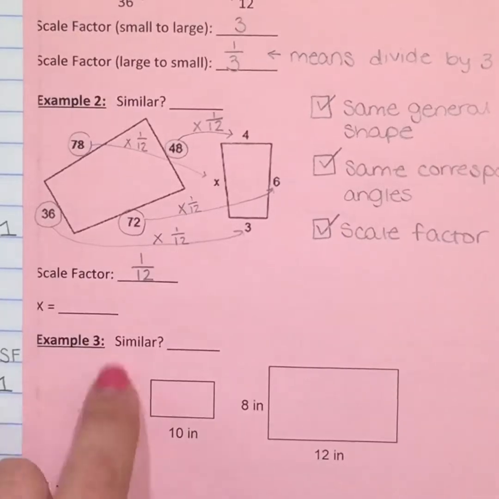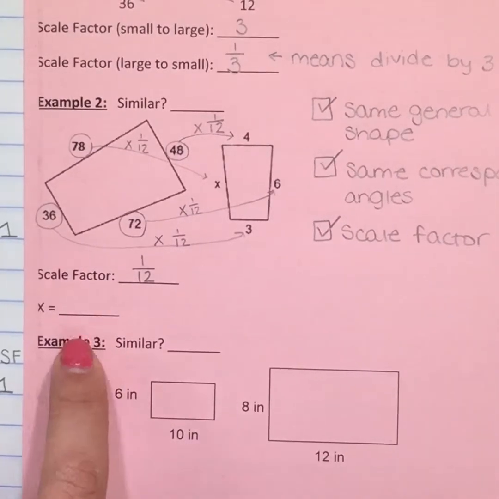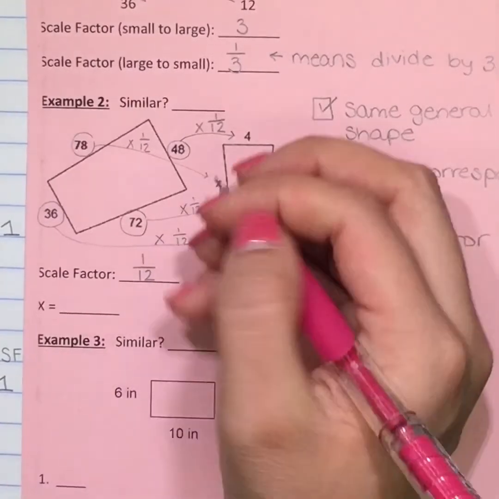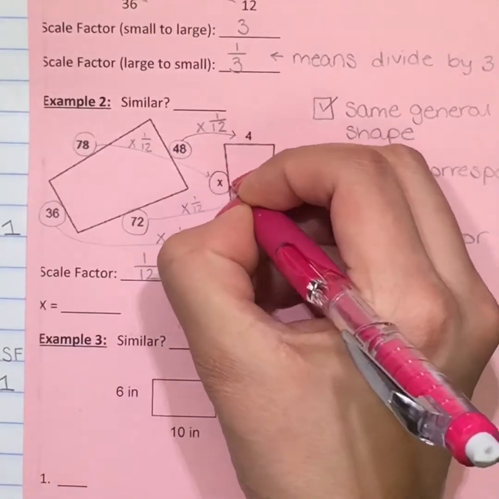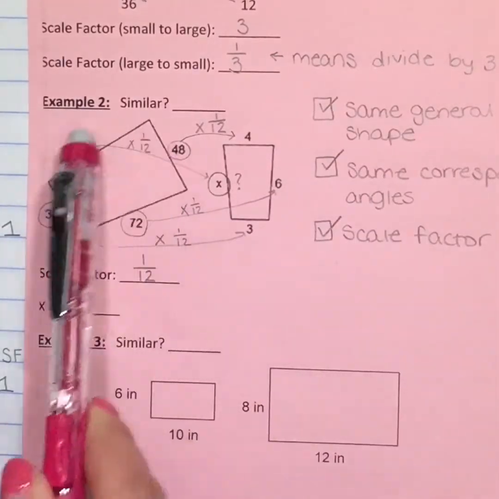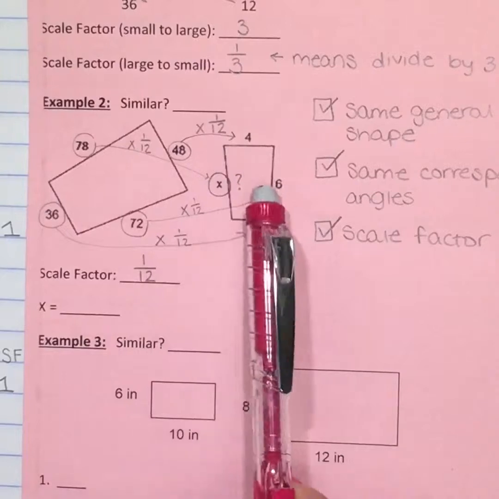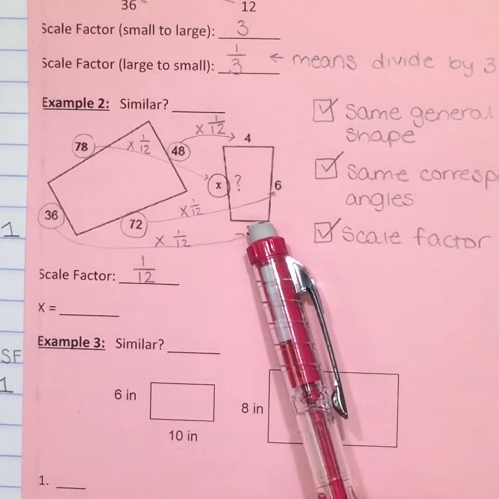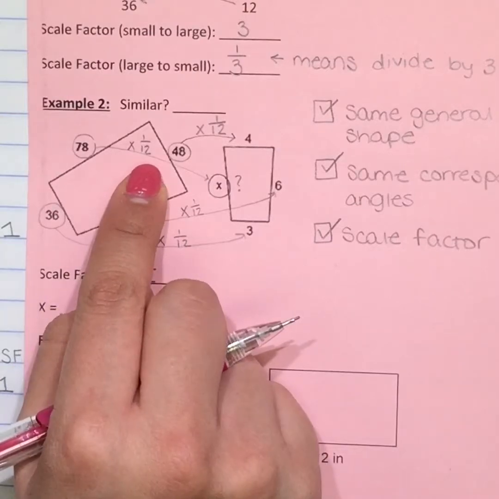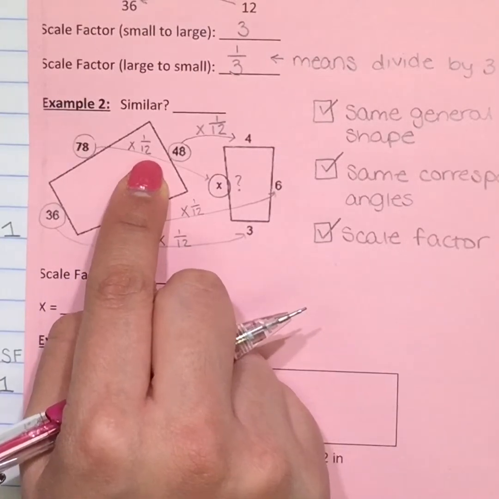Perfect. But the last question for this problem is to find the value of x, which is this guy right here. We're looking for x. How much is x? Well, how are we getting from our large shape to our small shape? It says times 1/12, which just means what?